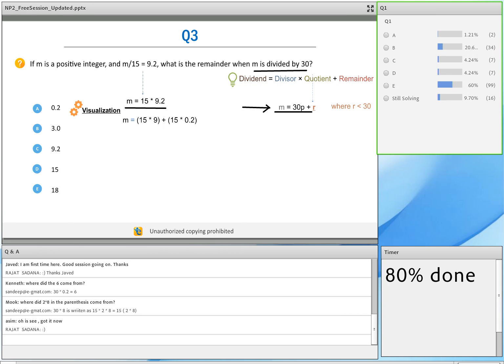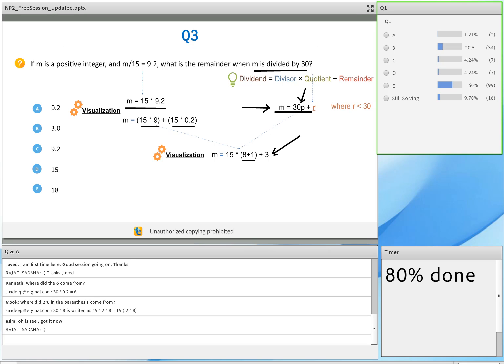We say m is equal to 15 times 9 plus 15 times 0.2. Now, can we convert 15 times 9 into the form equivalent to 30p? That's slightly challenging. So let's do a bit more math over here. Let's convert 9 into 8 plus 1. And again, 15 times 0.2 is this number 3 over here.